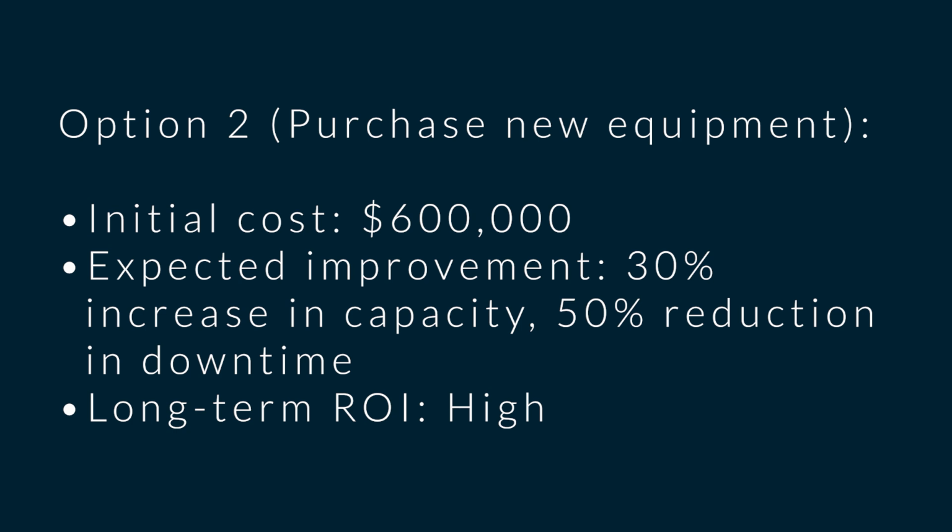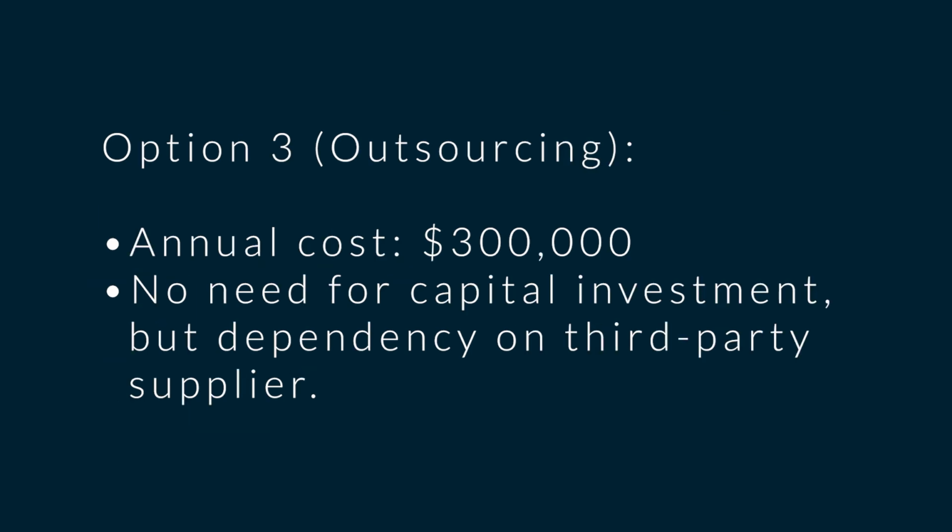Expected improvement, 30% increase in capacity, 50% reduction in downtime. And then long-term ROI, return on investment, is very high. What about outsourcing, which was option 3? Annual cost, $300,000. No need for capital investment, but we end up depending on a third-party supplier.